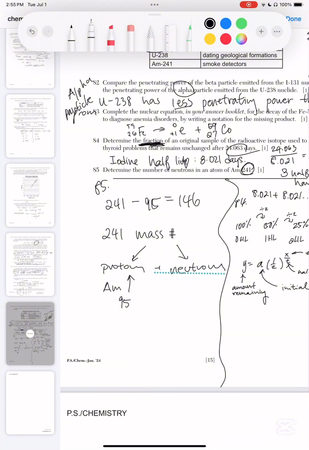Because nothing else is a part of that mass number. So that's what you can do to find your answer. So again, 241 minus 95, that is your number of neutrons, and it's 146.